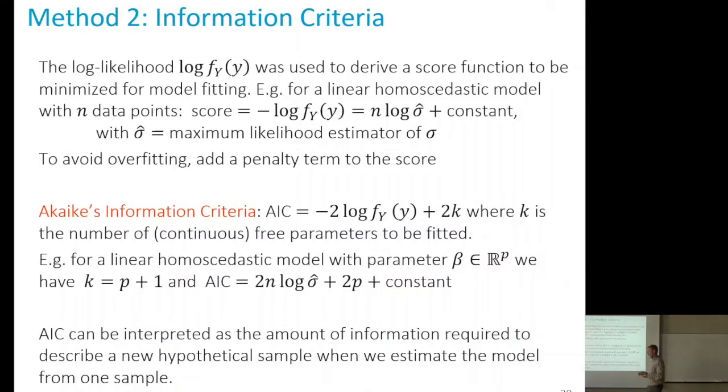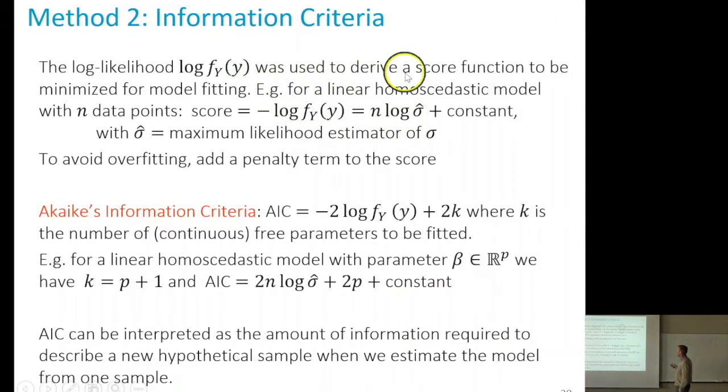When we do model fitting, the signal processing interpretation is we minimize or maximize the score of the fits by aggregating the errors. Here, we add to the score a penalty term, something that will avoid the overfitting problem. So that's exactly what is explained here.